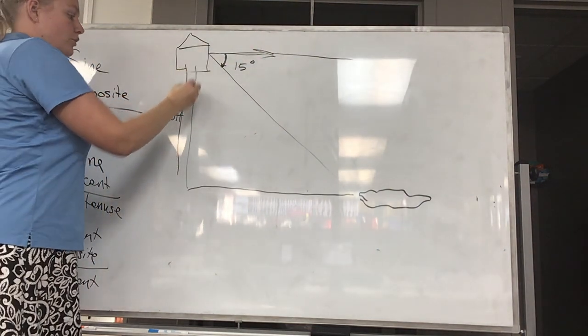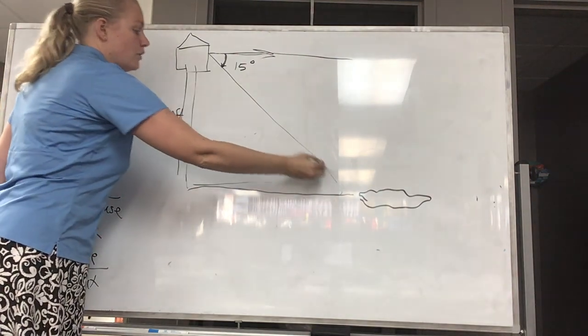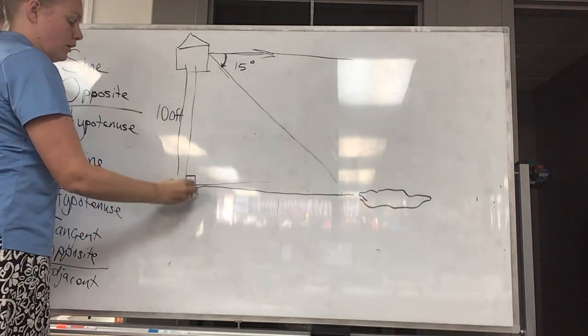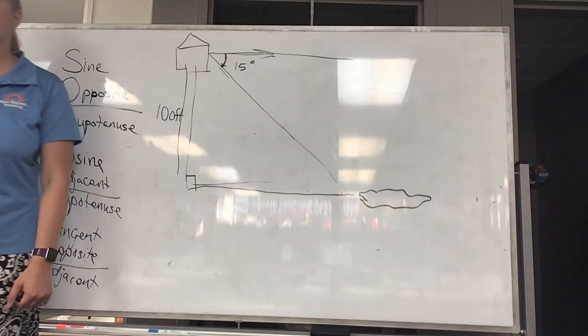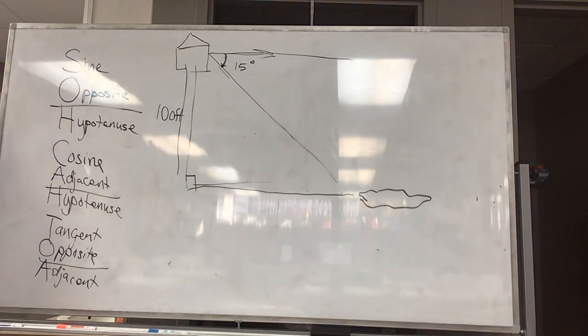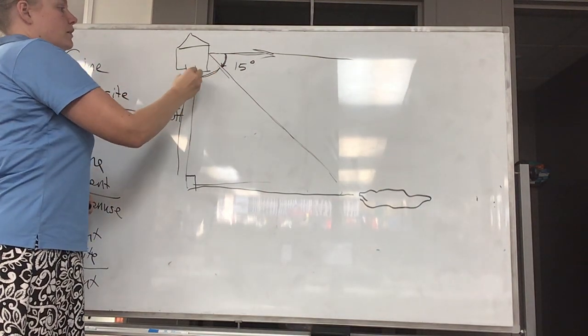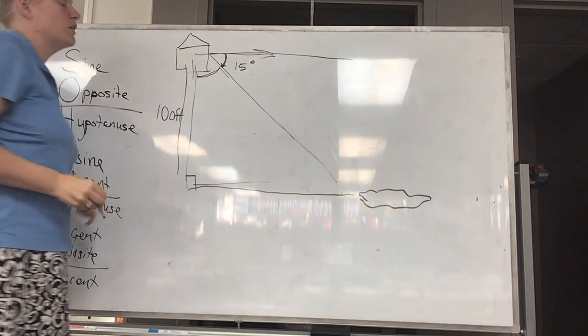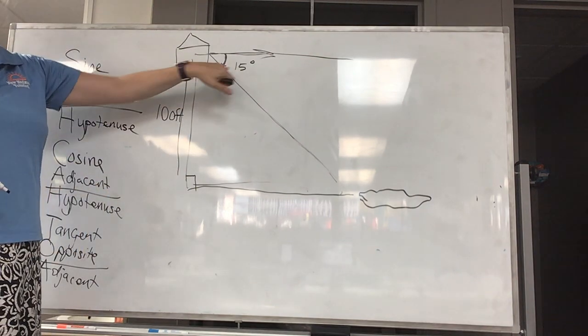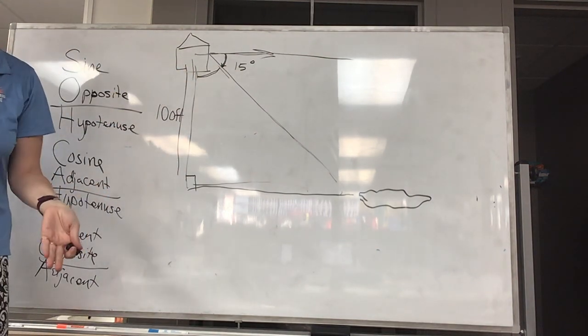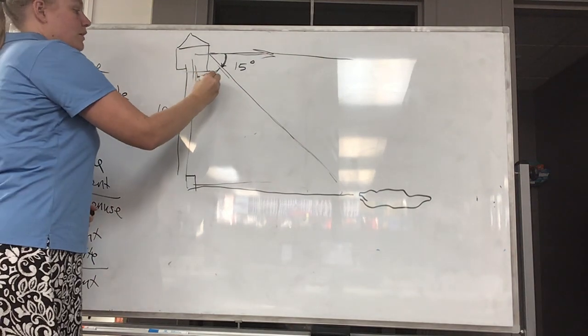But our actual triangle is over here with her tower forming a right angle. So, two ways to deal with it. You can find this angle here by saying this in total needs to be a square. If this is 15, this angle is 90 minus 15, or 75.